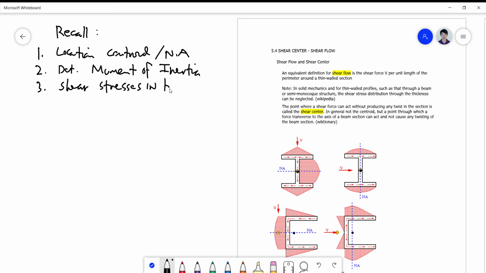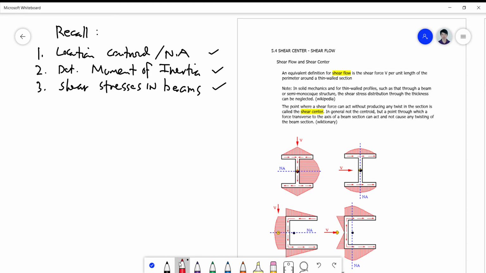Okay, so we have done a lot of this in our mechanics, including your RC lectures, moment of inertia, also in mechanics of materials, and in the stresses in beams.